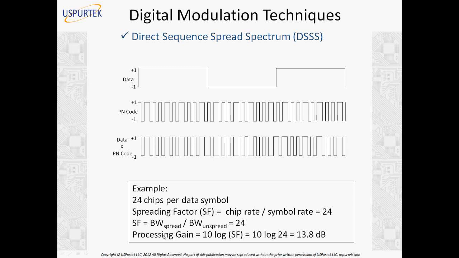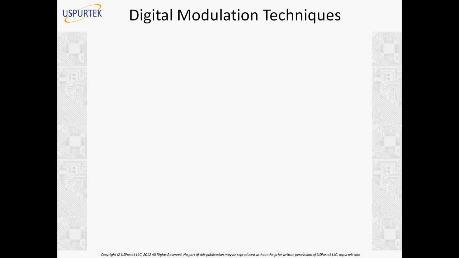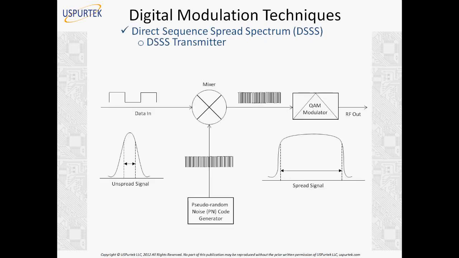Because we expand the bandwidth in a different way, it is possible to maintain phase coherence. In a mixer, typically we have data in, which is the unspread signal. We have a PN code generator, which mixes with the data in, which is a product mixer actually. At the output, we get the wideband signal.